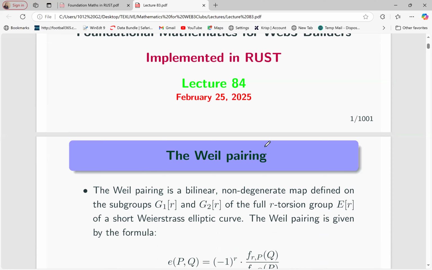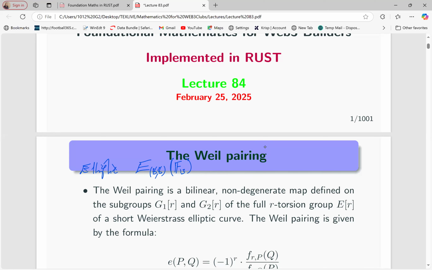Now, we recall what pairing is. Supposing you have some elliptic curve, let's call it E. We can use this example: the field is F13, mod 13.